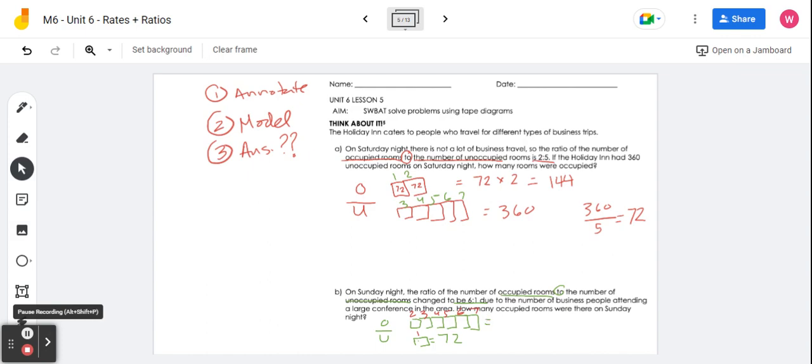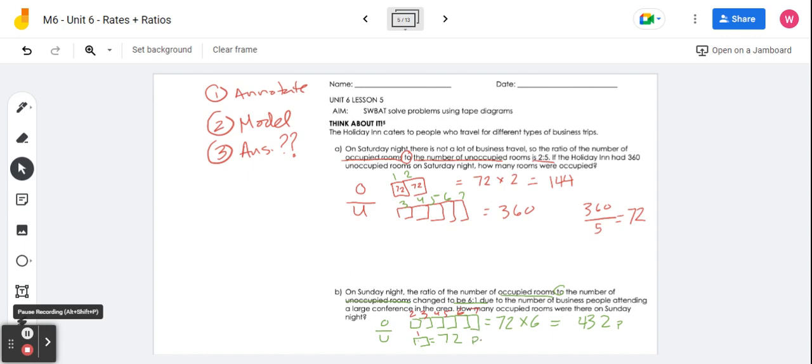Whereas before it was 7 times 2 for the occupied, now it's going to be 72 times 6, because that's the ratio of 6 occupied to 1 unoccupied. 1, 2, 3, 4, 5, 6. That's 432 people, whereas there was just 72 people.